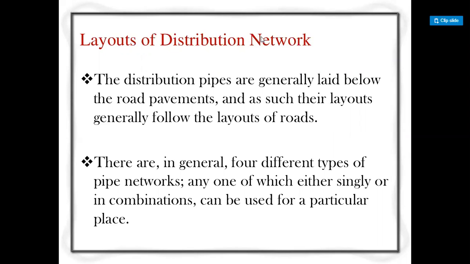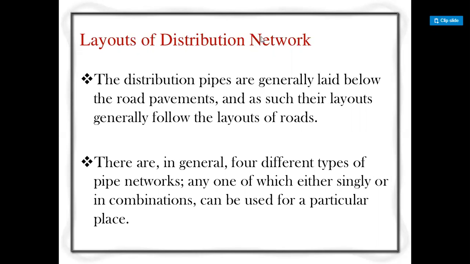Hence, the pattern of the water distribution network and the layout of the road is generally the same. There are in general four different types of pipe networks, any one of which, either singly or in combination, can be used for a particular place.